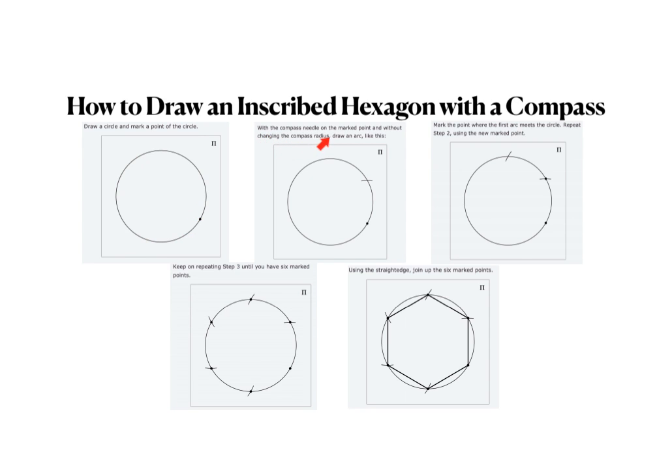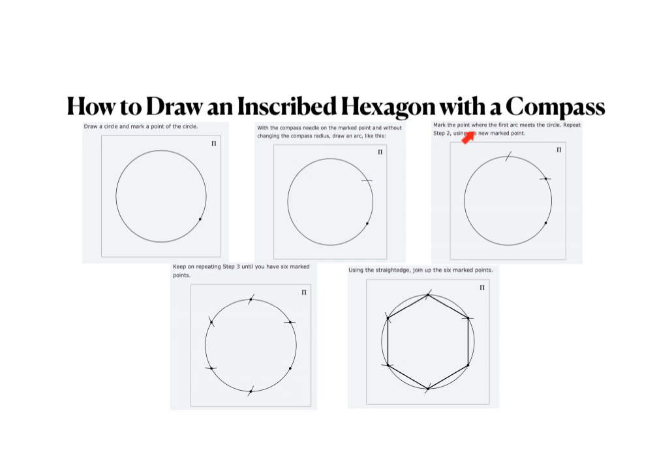With the compass needle on the marked point and without changing the compass radius, draw an arc like this. So I draw my circle, I leave the compass open the same width because remember that my points are equally spread apart. So I can put the point of my compass here and draw myself an arc.